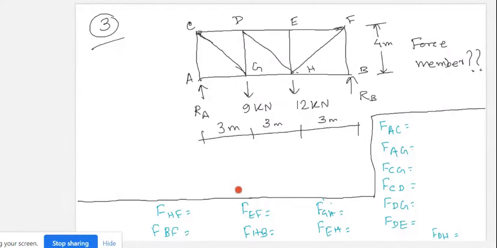Which should be our first step? To find RA and RB. What are the values? Sir, RA is 11 kilonewton, sorry, it's RB. RB is 11. Okay, and RA? RA is 10. Everyone got that?